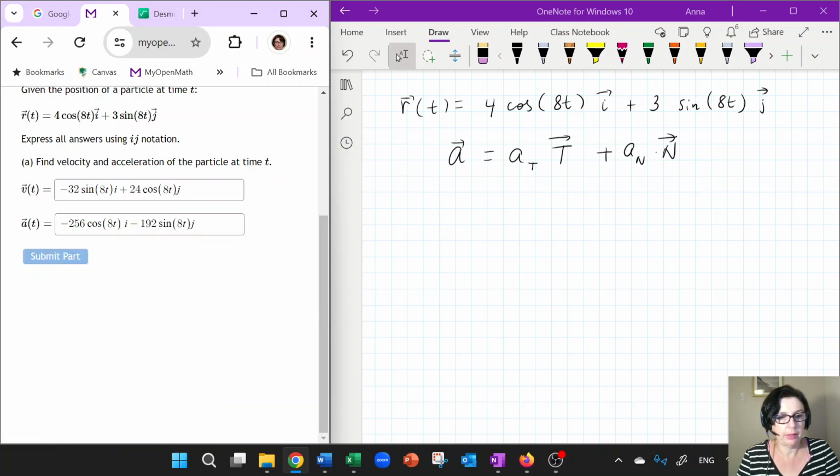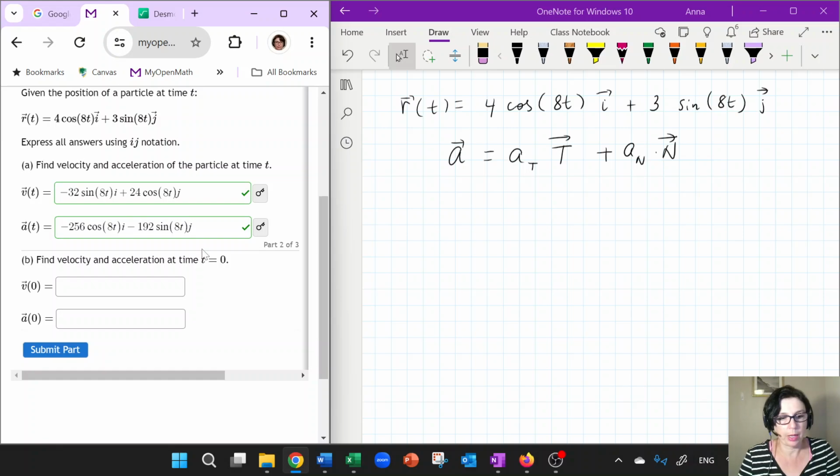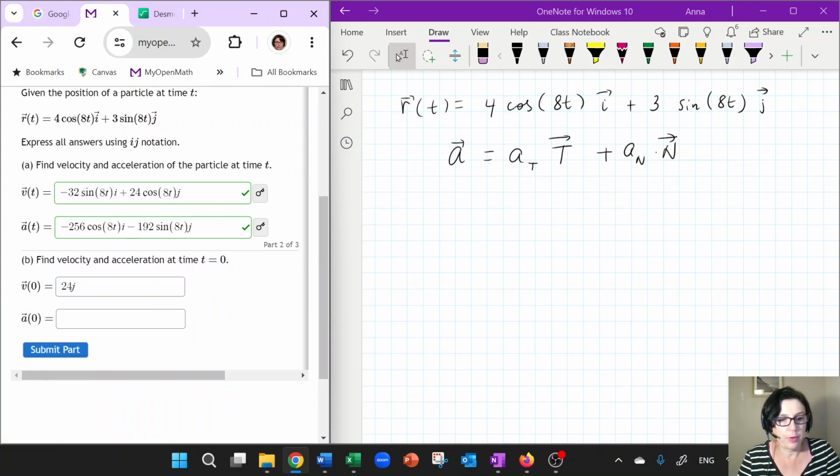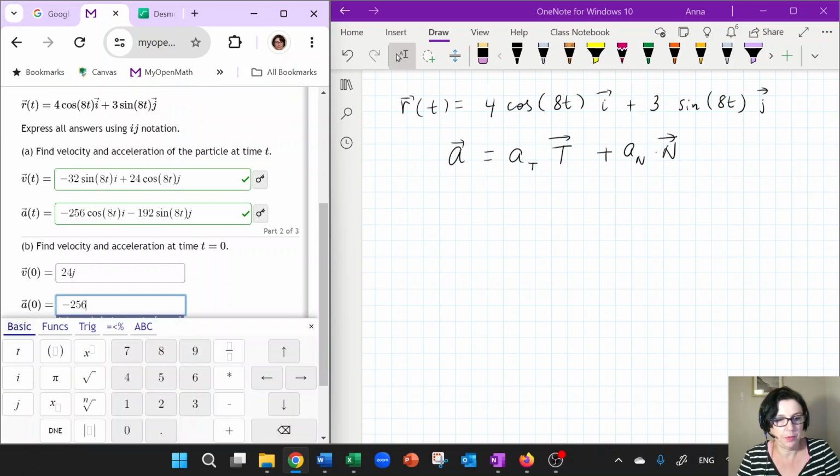Okay, so that's that. Now we want to compute the velocity and acceleration at 0. So we're substituting 0. Now you should know that sine of 0 is 0, so there will be no i component in the velocity. But cosine of 0 is 1, so that will just become 24j. And then if we substitute 0 into the acceleration, we will get negative 256i.